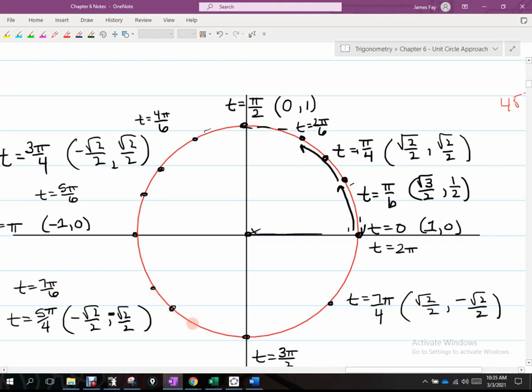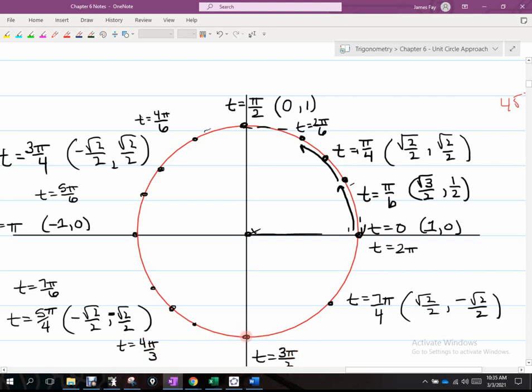Add another one. Add another one. But what's 8 pi over 6 reduced to? 4 pi over 3. Okay? 8 pi over 6 plus pi over 6, 9 pi over 6, right? What's 9 pi over 6 reduced to? 3 pi over 2.